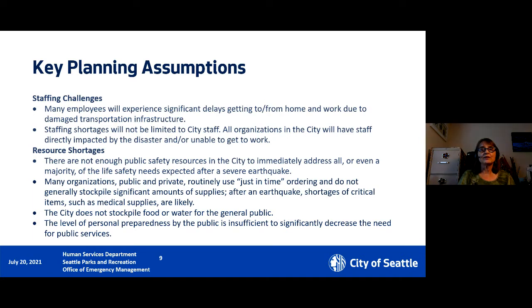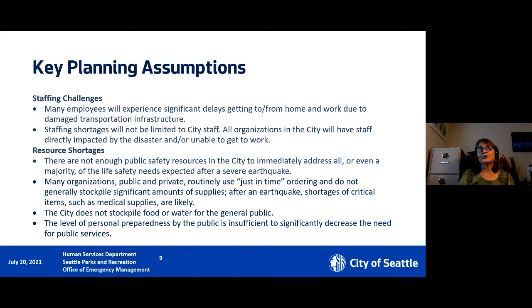This can be both an advantage and disadvantage depending upon what is needed. So for instance, they may experience less impact where they live, while the city experiences more impact, or vice versa. Regardless, getting to and from work will be a challenge for all of us.